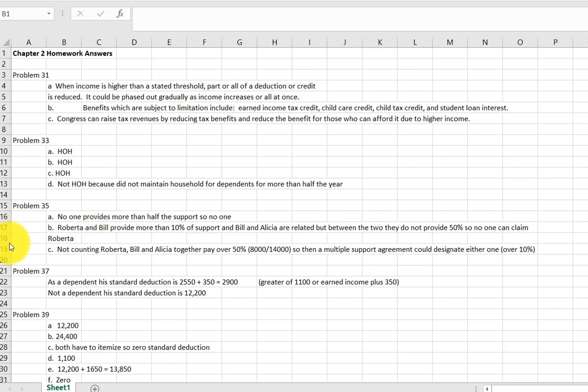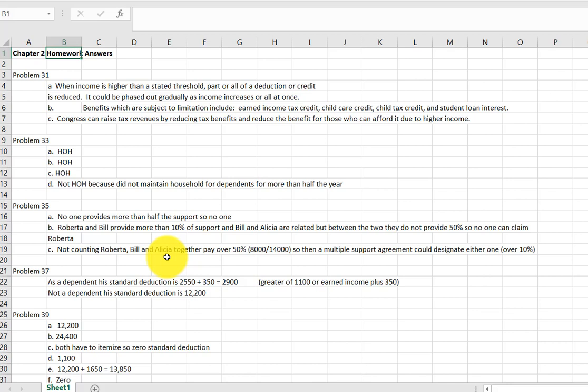So in C, we change the scenario to where Roberta is not using her income to provide for her support. That means that she's only living on the support provided by others. Then we only have $14,000 of support to divide, you might say. And Bill and Alicia together pay over 50%, and both of them individually pay over 10%.